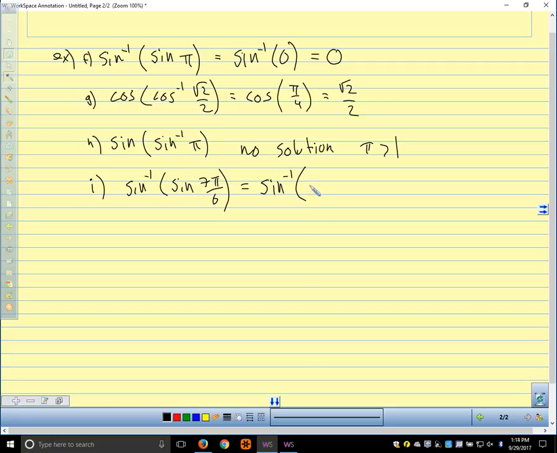Here's 6 pi over 6, 7 pi over 6. Negative 1/2. So what is the inverse sine of negative 1/2? The angle between negative pi over 2 and pi over 2 that has a sine of negative 1/2 is negative pi over 6. So for this one, we started off here, and we ended up going over here for our answer.